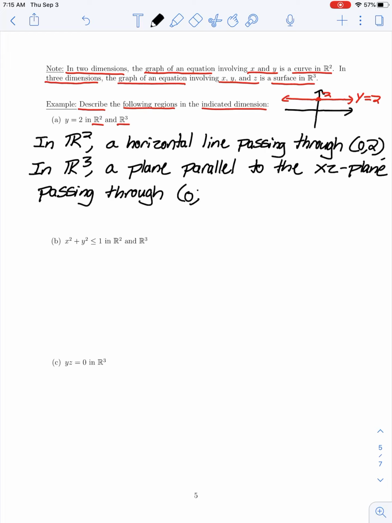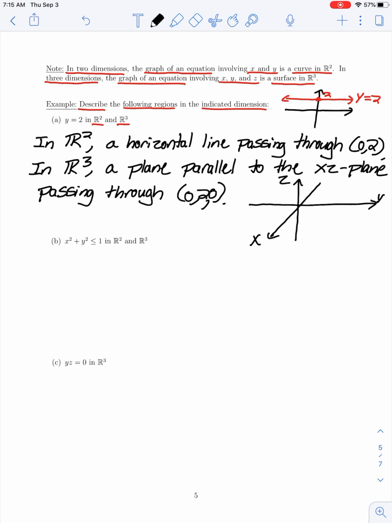Y equals 2, so the point 0, 2, 0. So if we think about this in 3 dimensions, let's see if we could get a rough sketch here. We have our x-axis, our y-axis, and the z-axis.